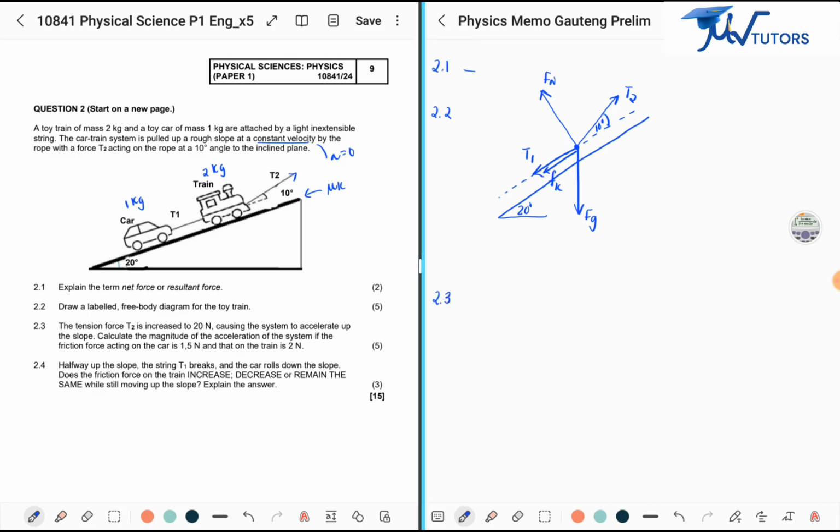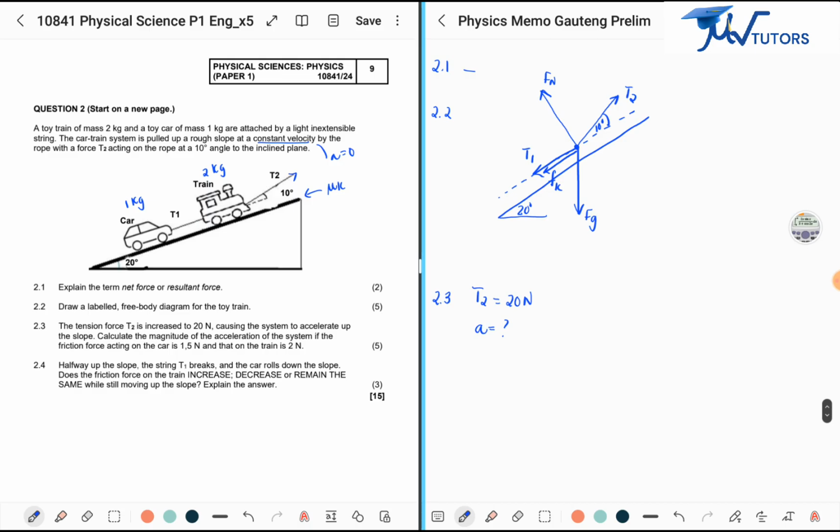2.3, the tension force T2 is increased to 20 Newton, causing the system to accelerate up the slope.